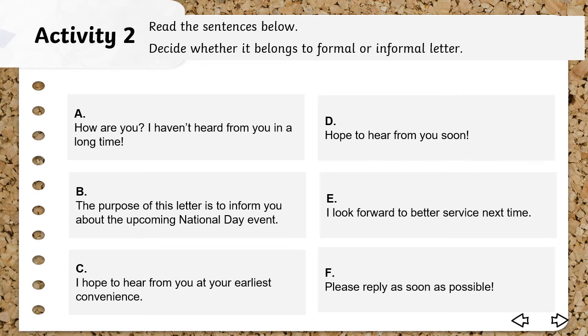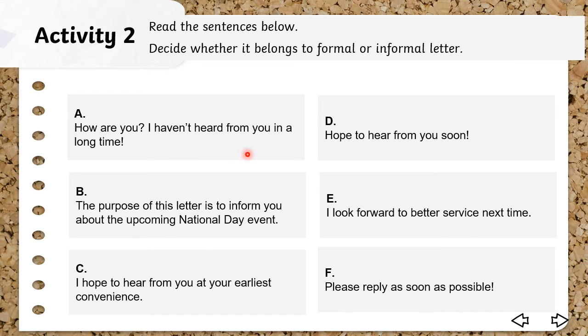Now, for the second activity, you read the sentences and then you decide whether it belongs to formal or informal letter. Pause the video and then we'll discuss in 5, 4, 3, 2, 1.